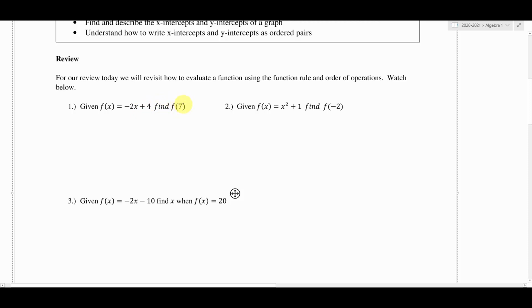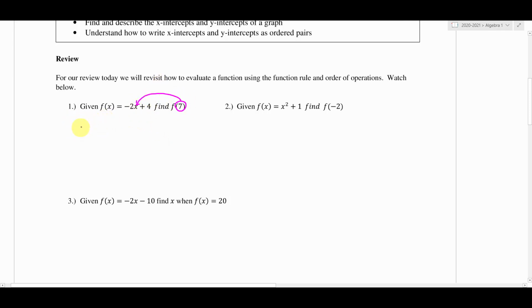Notice that the 7 is in parentheses here, so they're telling us the input. They're telling us what this x value is. That is our input. So we're going to take this 7 that they give us and replace x with a 7 in the rule.